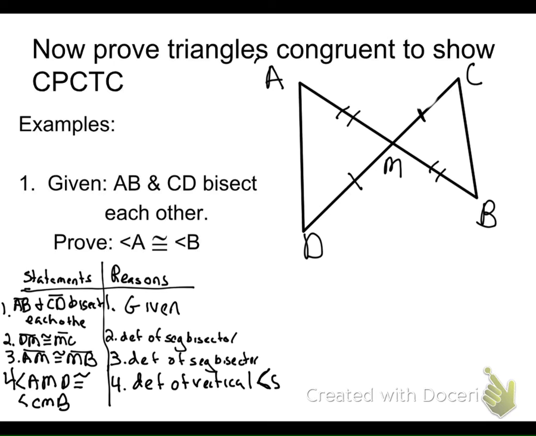I don't have enough space on my page, so I'm going to create another T-chart just to carry it over, instead of trying to write small at the bottom there.